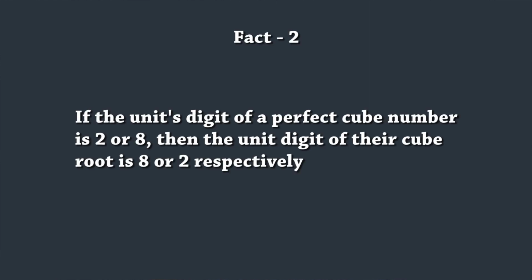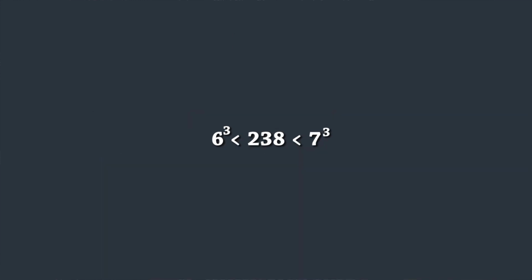Step 2. Since the unit digit of 328 is 8, the unit digit in the answer must be 2. For this, let us see the fact 2 in the above chart. Step 3. Look at 6 cube is less than 238, which is less than 7 cube.